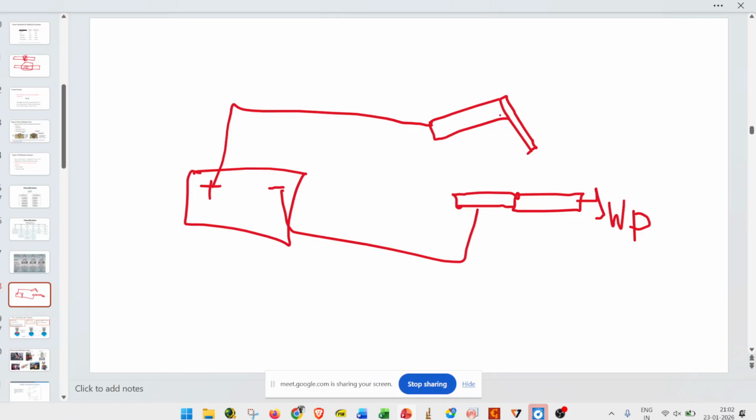These cases belong to the DC category. In the third case, it will be AC, where the polarity is 50% positive and 50% negative side. These three different configurations are possible in arc welding.